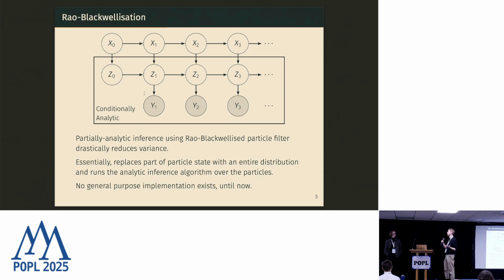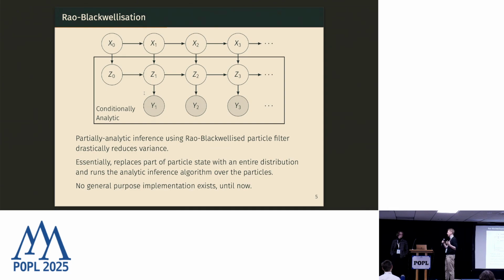A common example of this that frequently comes up in tracking literature would be a model where you have various nonlinear dynamics on the outside, but then after conditioning on those, your position and velocity, as well as the measurements that you receive, have a linear Gaussian form, and so can be inferred using a closed-form Kalman filter.